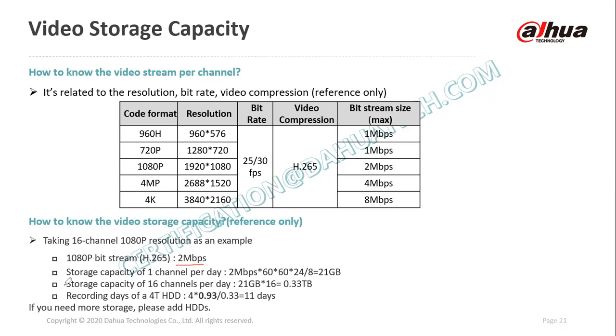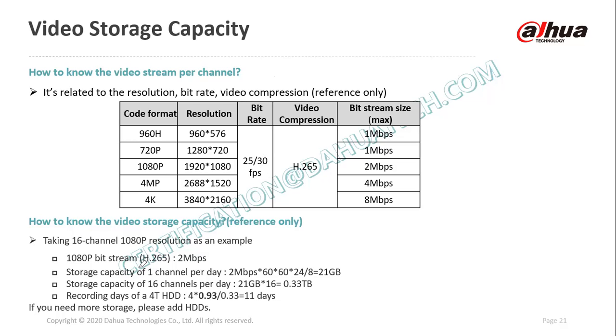The storage for one channel, that is one camera per day, is 2 Mbps times 60 times 60 times 24 divided by 8. It will require 21 GB. For 16 cameras, 21 times 16 will be 0.33 terabyte.